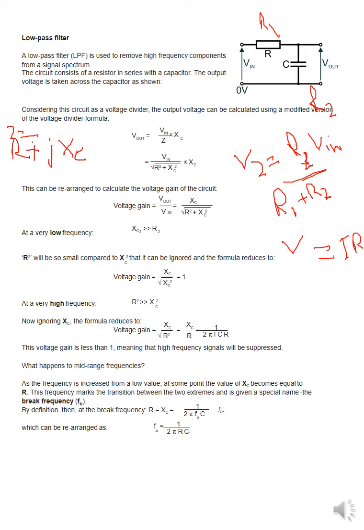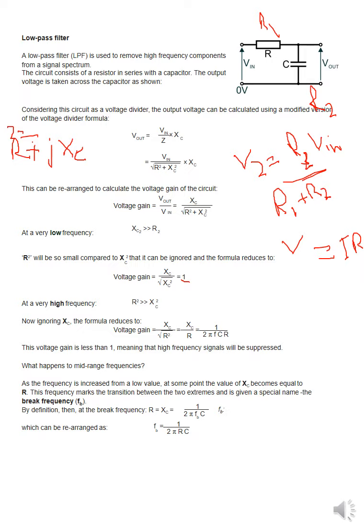For low frequencies, as we did in the previous page, Xc will be greater than the resistance. So R square will be so small compared to Xc square. So we can say that this complete part will be equal to the root of Xc square, and then it will be Xc divided by Xc, which will be equal to 1 only.